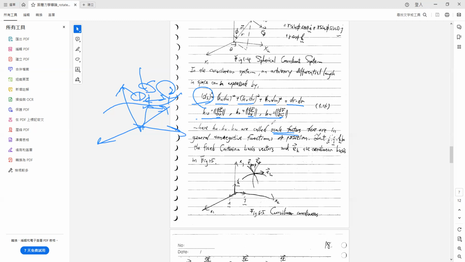And what are u, v, w? We can see it from figure 1.5, when we transform from the Cartesian coordinate. We assume the unit vectors are vector eu, vector ev, and vector ew.